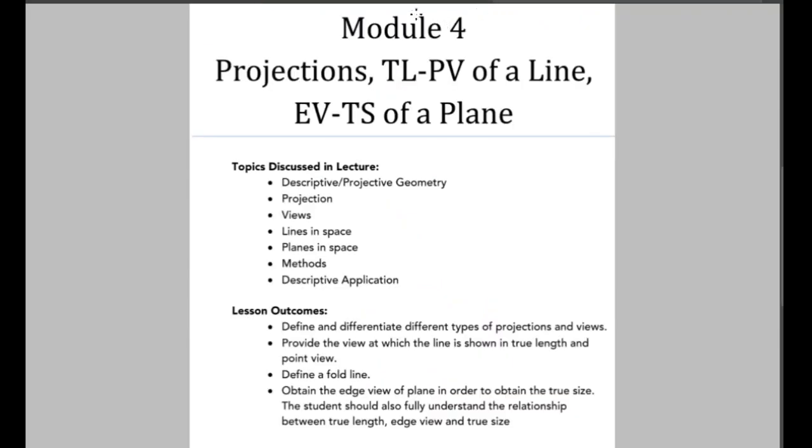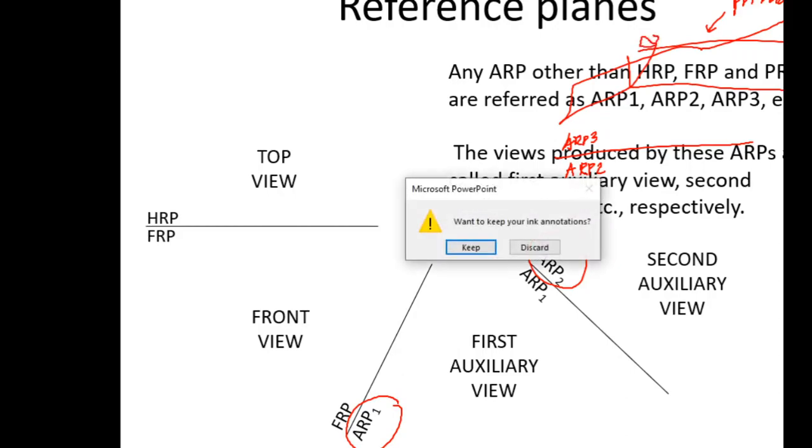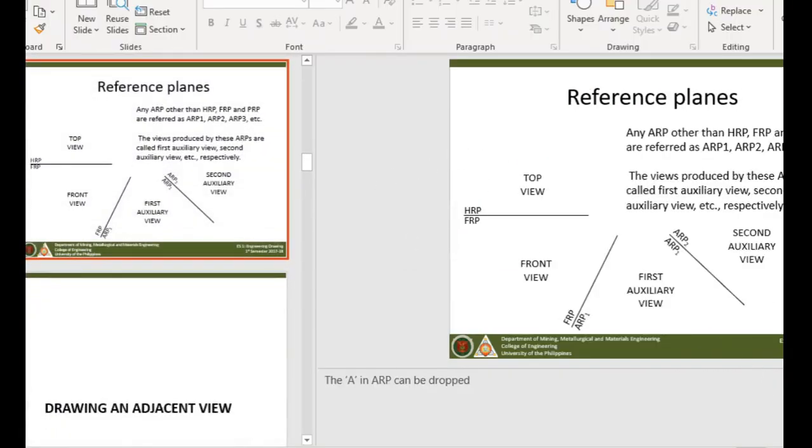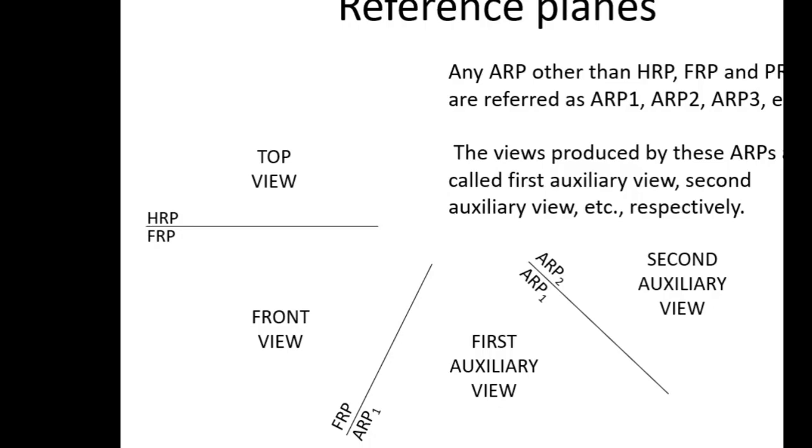So let's just finish this slide now. Any ARP other than the primary reference planes, any ARP other than the HRP, FRP, and PRP are referred to as ARP1, ARP2, and ARP3, depending on the order in which you create those auxiliary reference planes.